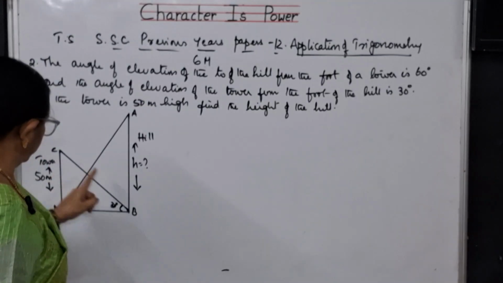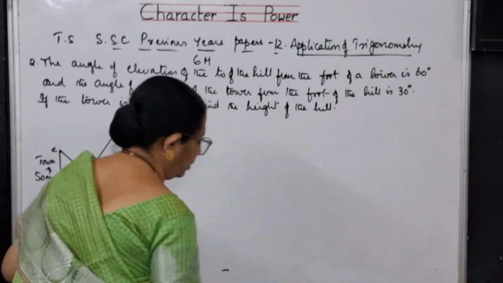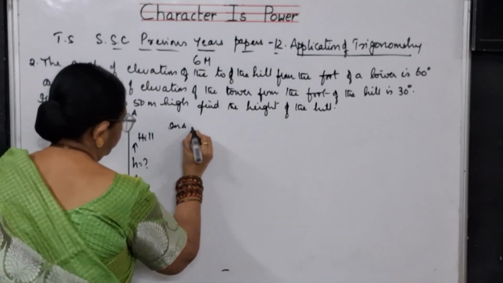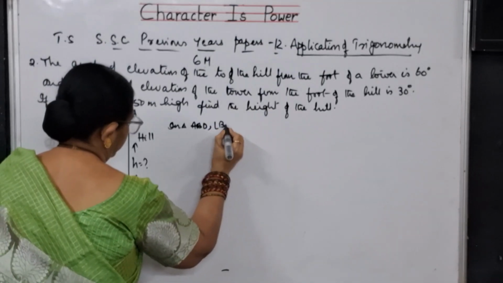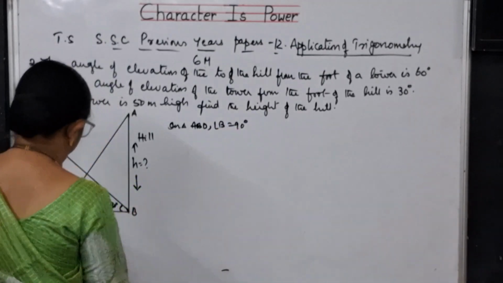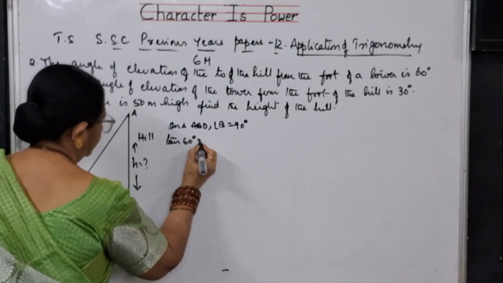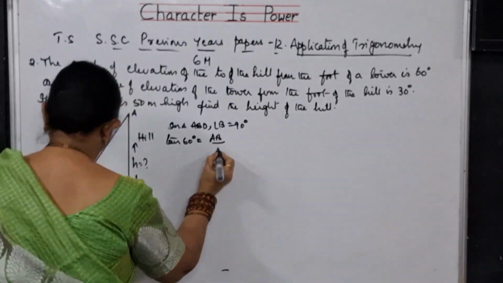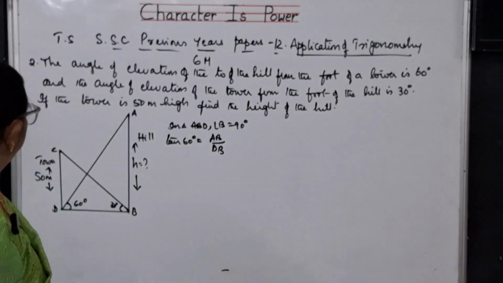Now, here you have got two triangles. First we will talk about triangle ABD. In triangle ABD, angle B is 90 degrees. Now, tan 60 degrees is equal to AB by DB.